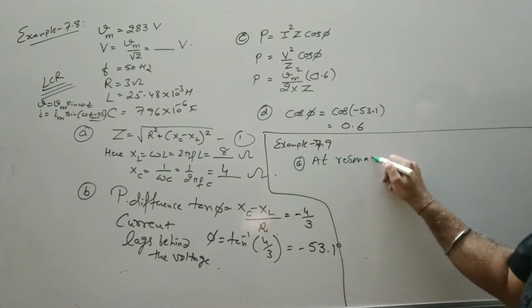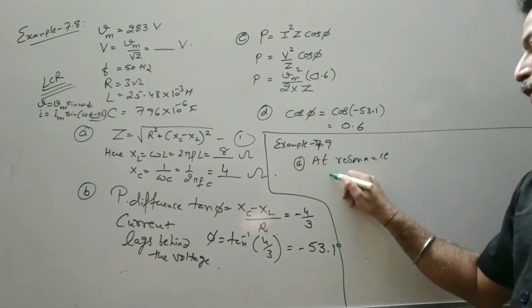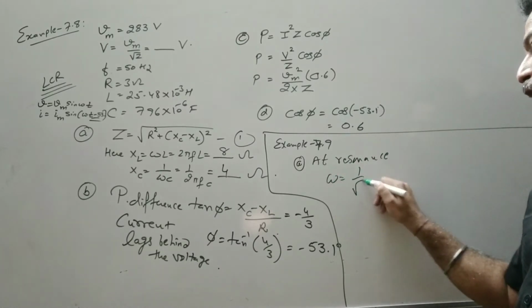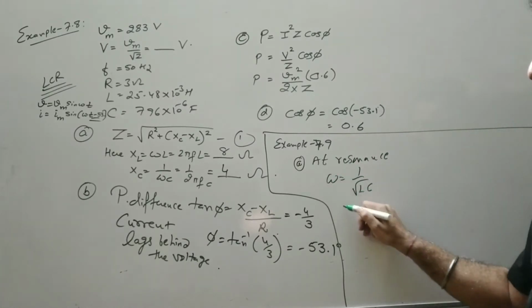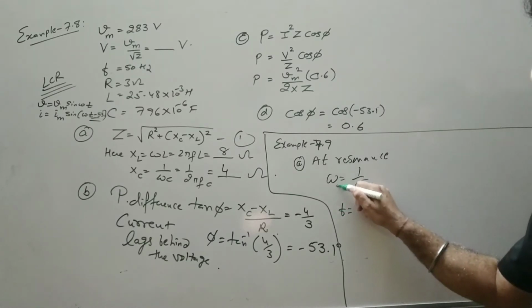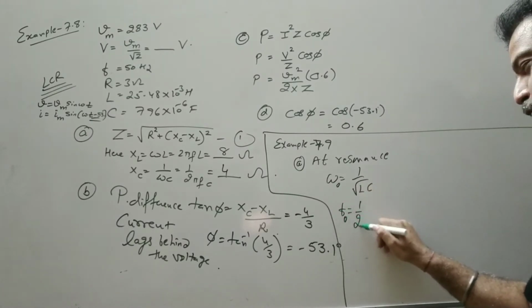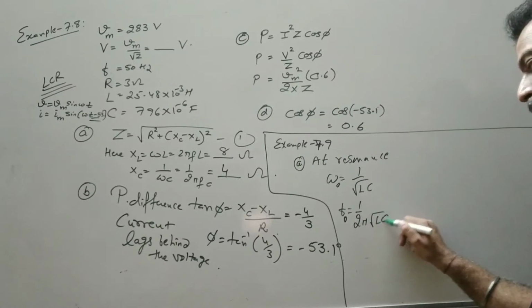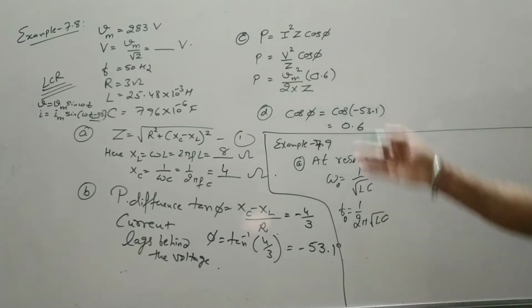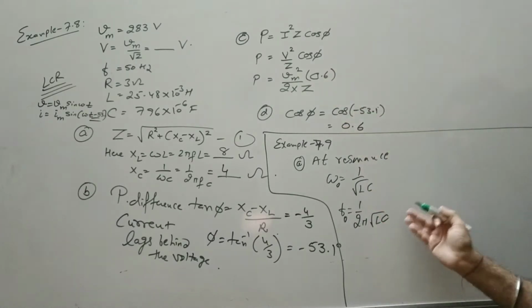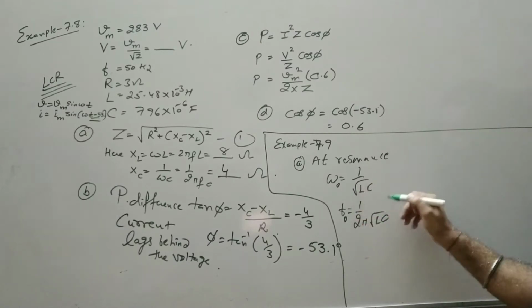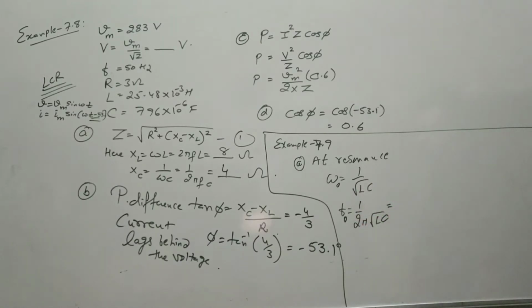At resonance, we know that omega is equal to 1 upon under root LC. So the frequency will be F naught, that is 1 upon 2 pi under root LC. So substitute the value of LC and 2 pi, and you will find out the frequency at resonance.